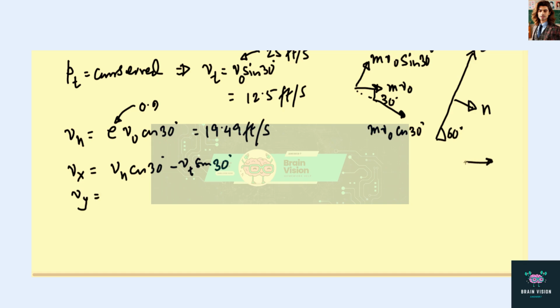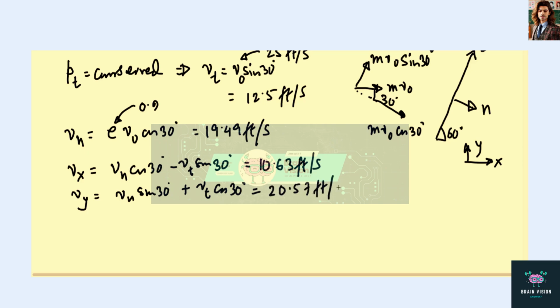So this is my x direction and this is my y direction, absolute, horizontal and vertical. After doing the calculation, the horizontal velocity comes out to be 10.63 feet per second, and the vertical velocity comes out to be 20.57 feet per second.